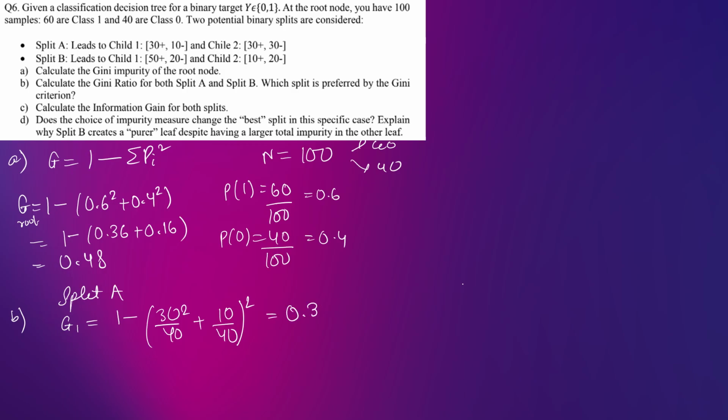You will get it as 0.375. Then for child 2, 1 minus (30 by 60 whole square plus 30 by 60 whole square). Now this denominator is the total, 30 plus 30, 60. So after solving, you'll get it as 0.5.